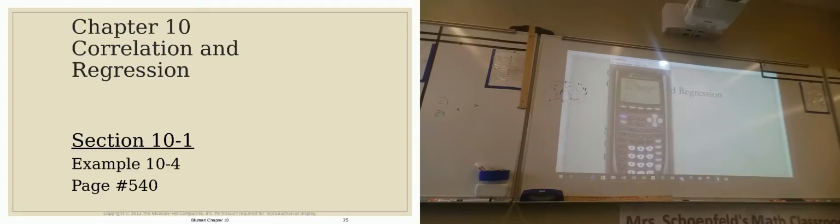If yours does not give you an R, what you'll need to do is go to catalog, which is second 0. Give me a second to find it on this one where I can read it a little better. Yep, there it is. Go down to your D's, and we want diagnostic on.